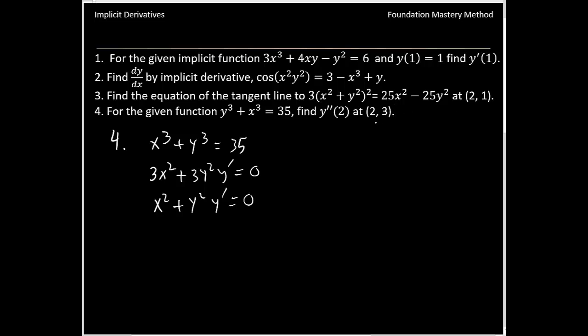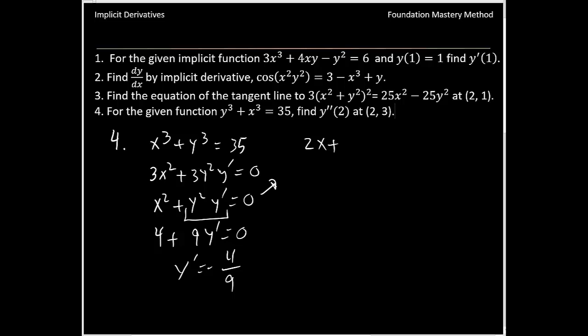First let me put x equals 2 and y equals 3. So this one is giving me 4 plus 9y prime is 0. So my y prime is negative 4 over 9. Now again, from this, I take the derivative because I need to find the second derivative. So take the derivative again. The first one is giving you 2x plus, here you get the derivative with the product rule.